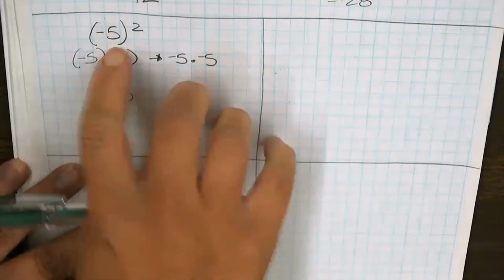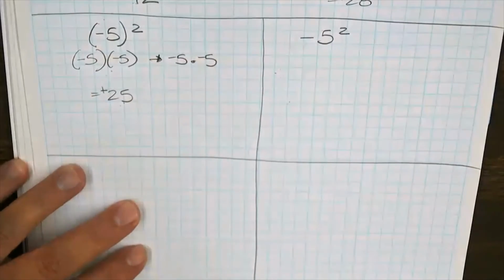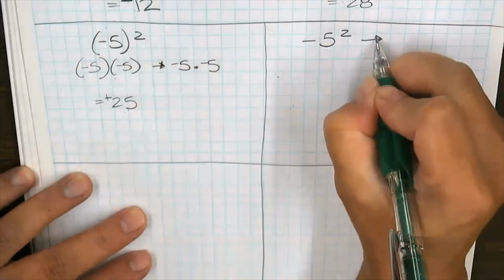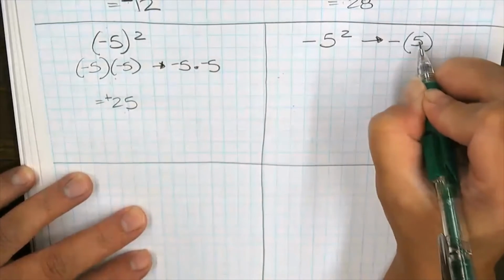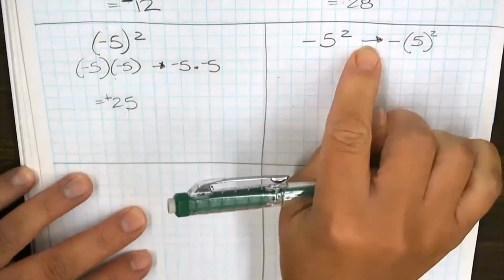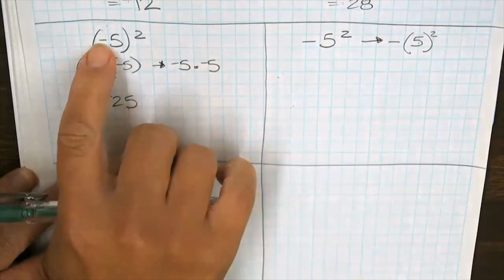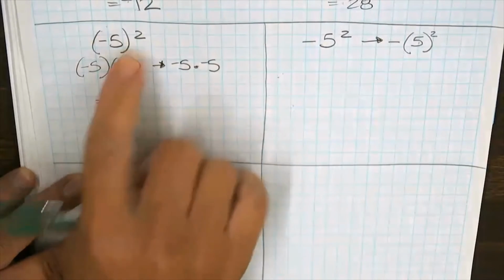Now, this is different than this. Here, the negative is actually outside of the parentheses. Here, we wanted the negative 5, the negative, to be with the 5. We wanted this whole thing to be squared.